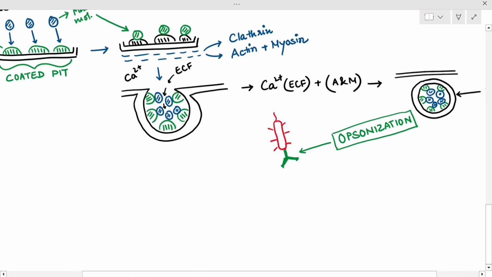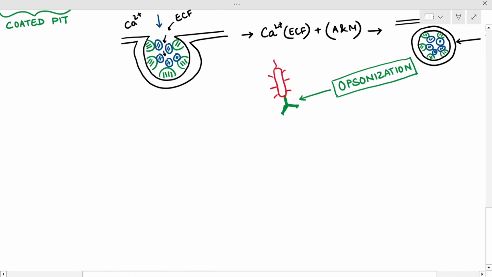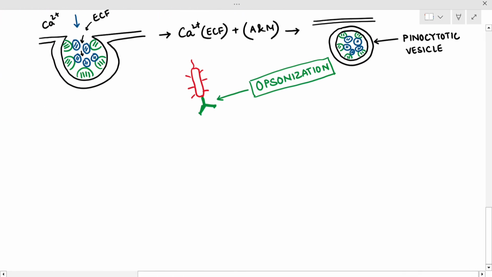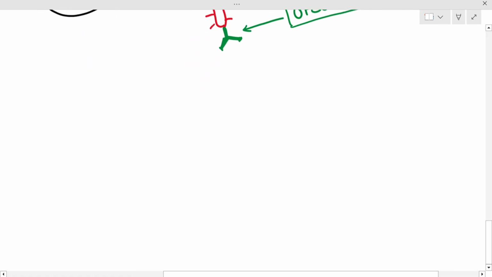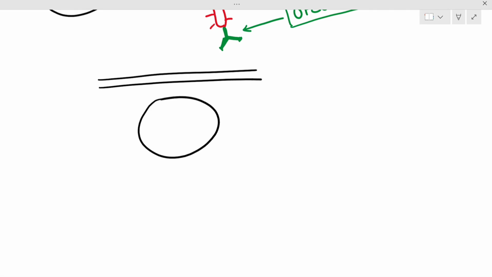Fine. Now what happens? After these pinocytotic vesicles form, we have pinocytotic vesicles where macromolecules are present. So we all know inside the cell, lysosomes are also present.